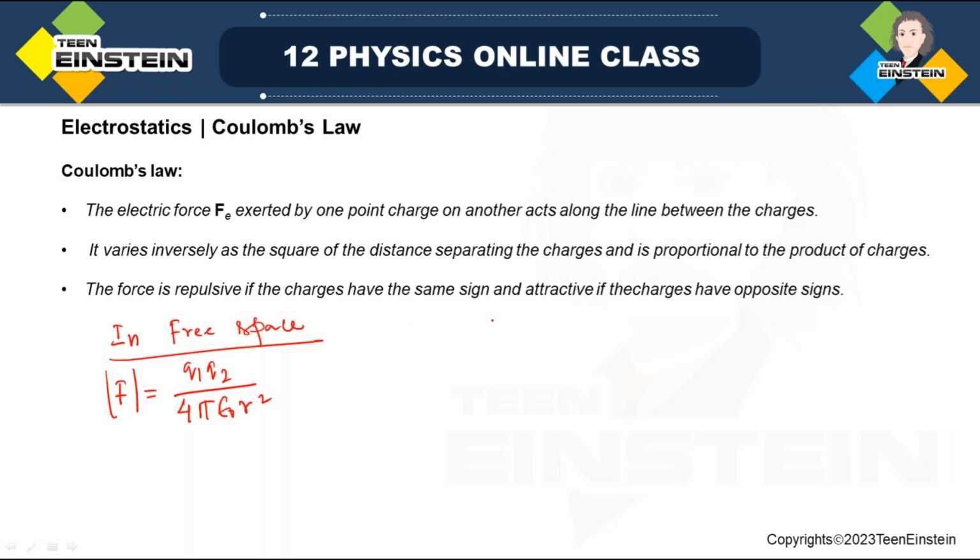This is free space. In a dielectric medium, in the presence of these two charges, there is a dielectric medium in between, so these are also charges. These charges will be induced, so there will be a corresponding electric field due to both the charges. There will be some induced charges in the dielectric medium, so in that case it is not going to be straightforward.